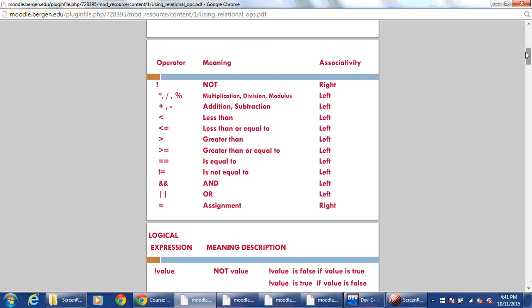Okay. The first operator that has precedence of 1 is not. So if you ever see an expression that has the not operator combined with an addition, you know that the not operator will always get evaluated first. So let's go over an example.